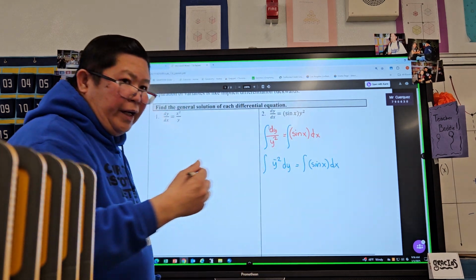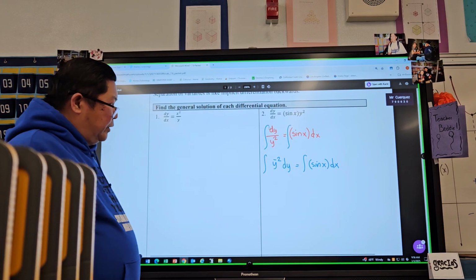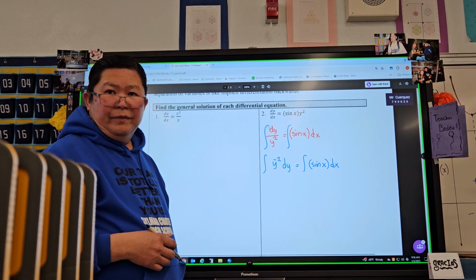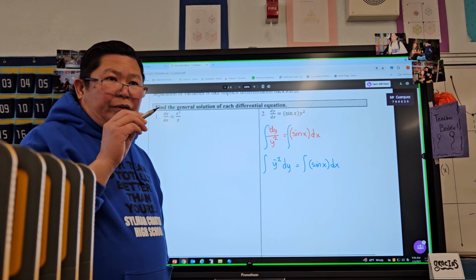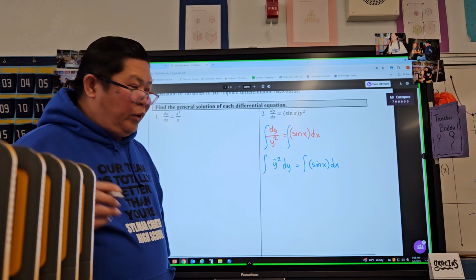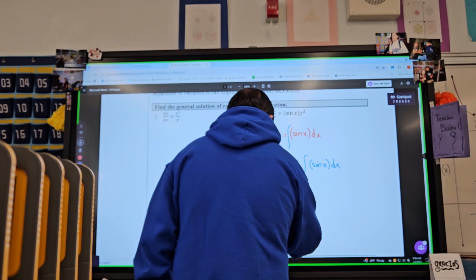And we can now take the antiderivative, right? Okay, so the power plus 1 over the new power, right? So meaning negative 2 plus 1 is negative 1. So we have negative 1 over negative 1.